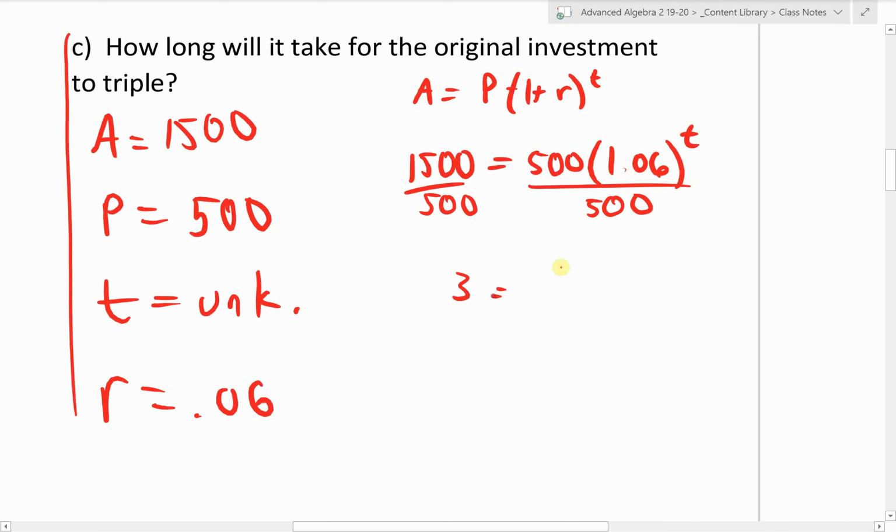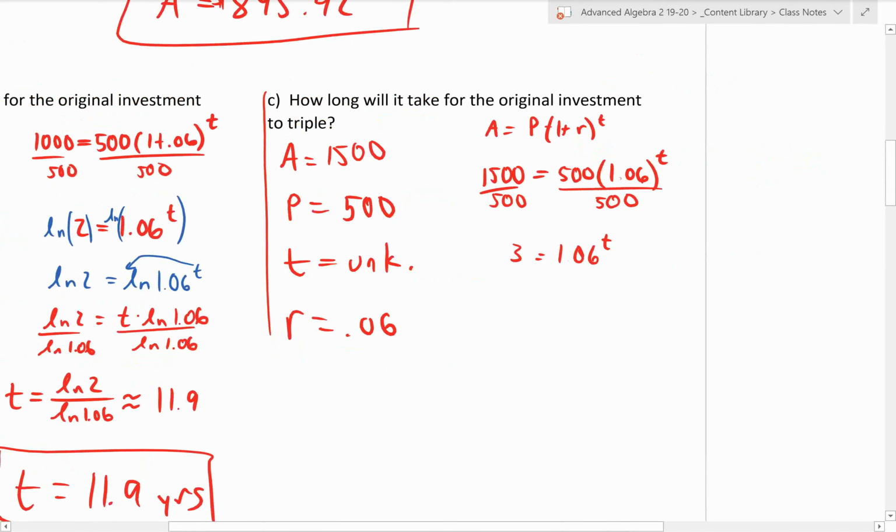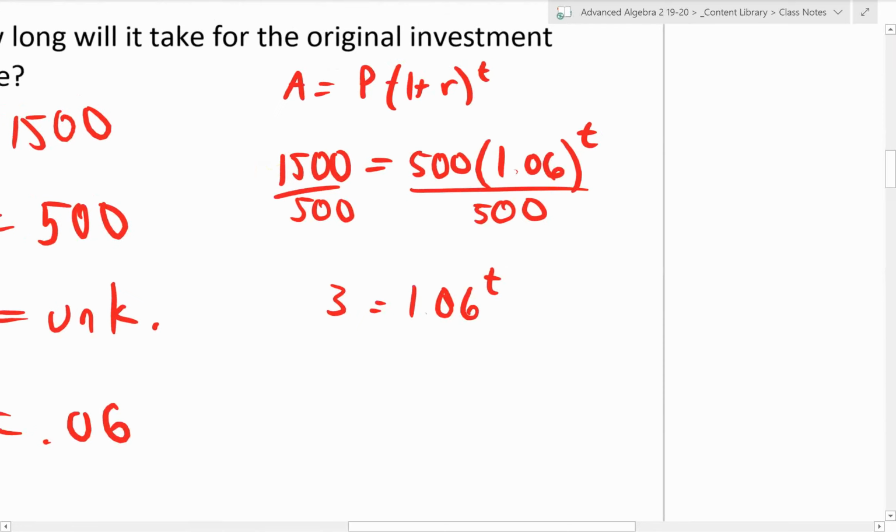And I have 3 equals 1.06 to the t, and we're seeing how similar this is going to be to the previous problem. In order to double the account, I took the natural log of 2, and now in order to triple the account, I'm just going to take the natural log of 3. So I want to take the natural log of both sides.